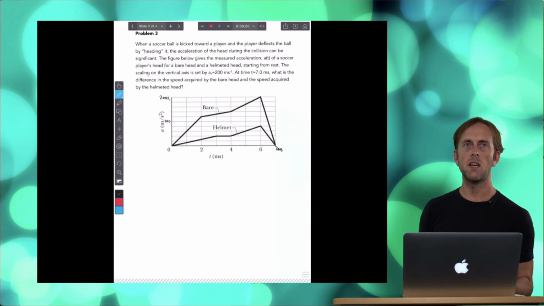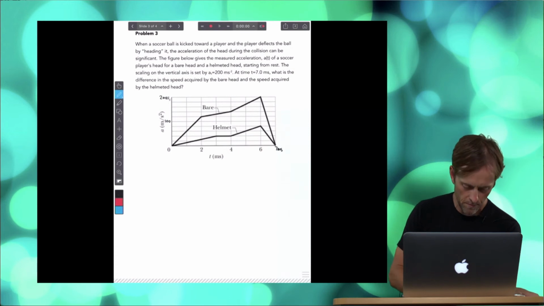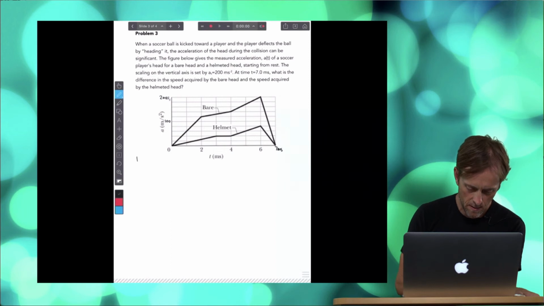So we're just going to have to integrate under both those curves. It's a bit of a pain, but we'll get through it. So we want to find, for the bare head, let's write that down. Bare head. We just have to find this area. We need to find this area.